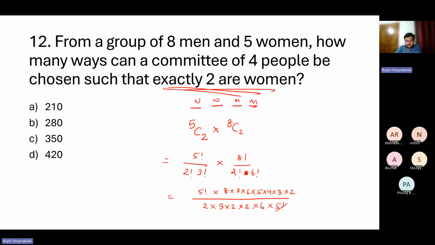So this cancels out, this cancels out, and these two will cancel out the first. So what we have left is 8 into 7 into 5, which is 56 into 5, which is 280. So the answer here will be option B, 280.